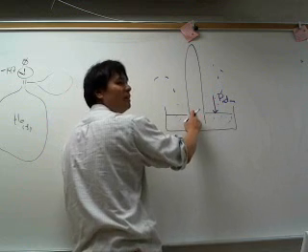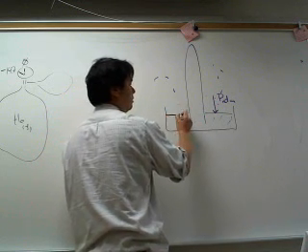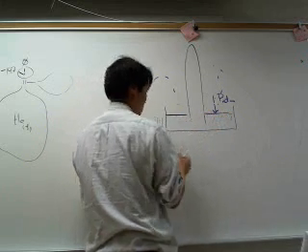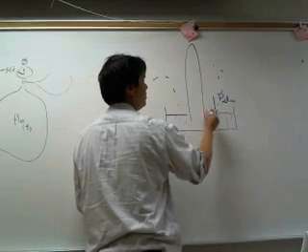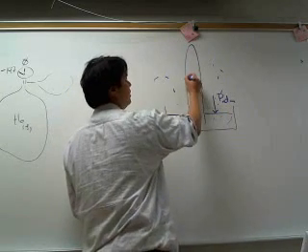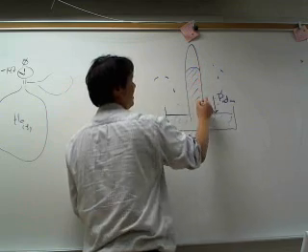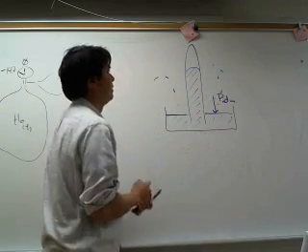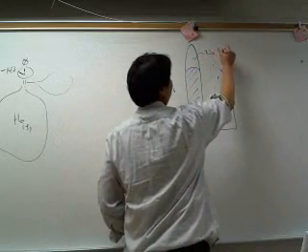What's pushing down on the inside? What's pushing down on the inside is nothing. There's no gas on the inside. And so what that's going to do is push the liquid level up here, like this, since there's no gas here.